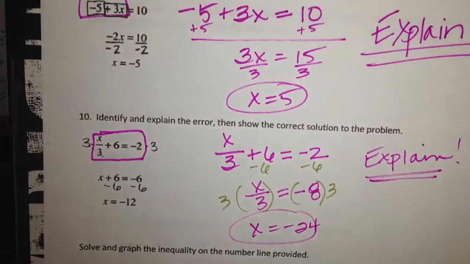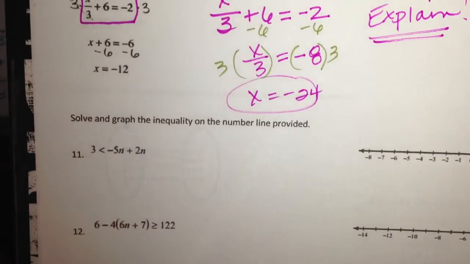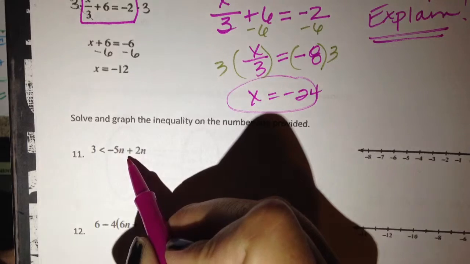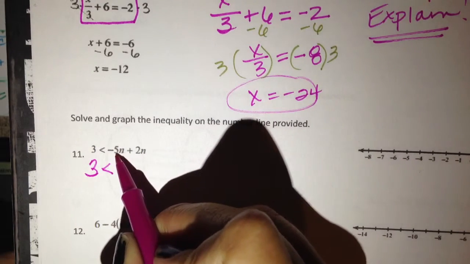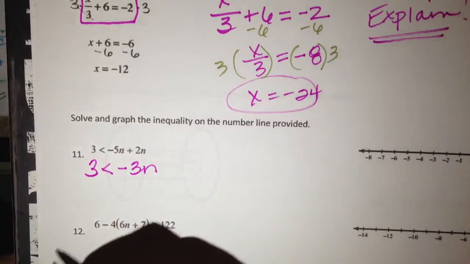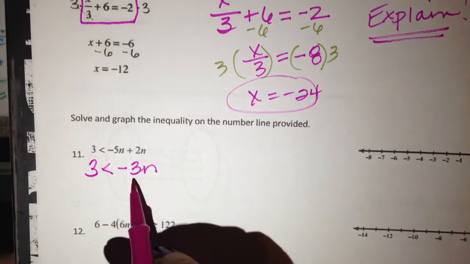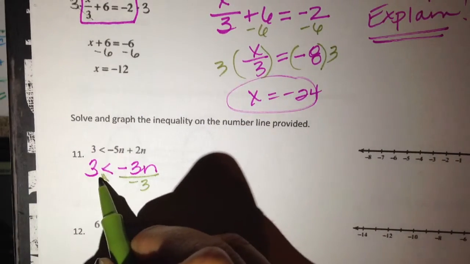Now with our inequalities, we're going to solve those like we solve our equations with just that one rule: if I have a negative coefficient on my variable, I'm going to have to switch my sign. Now on the right side I have like terms, -5n and 2n. -5n plus 2n is -3n. To finish solving, I divide everything by -3.